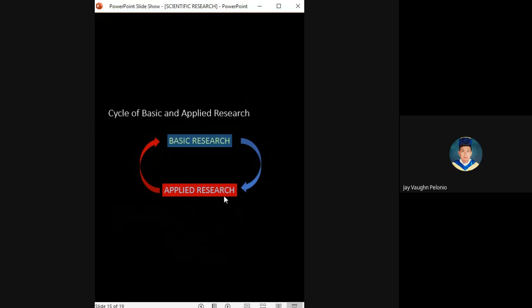Applied research. And after this, it will feed back to basic research. It's how to refine, to make it more potent, to make it more powerful. Balik na naman sa basic research. So that's the cycle. Basic research feeds applied research. And applied research feeds basic research.